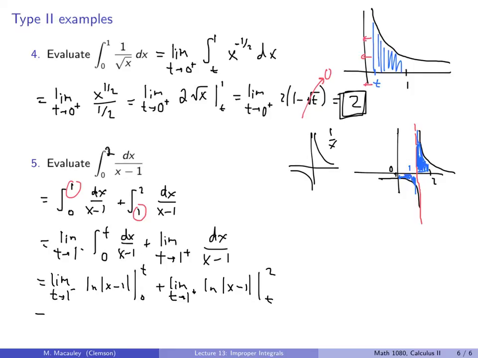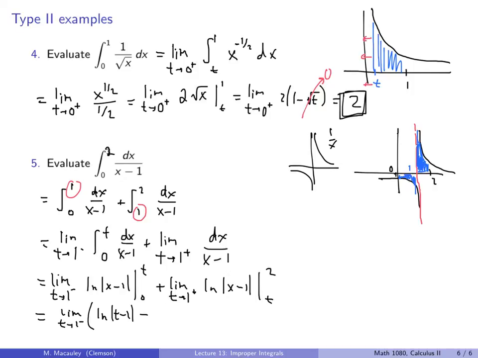So what is this? For this first one, I should write this as the limit as t goes to 1 from the left of the natural log of the absolute value of t minus 1, minus, if I plug in 0, the natural log of 1, which is 0.